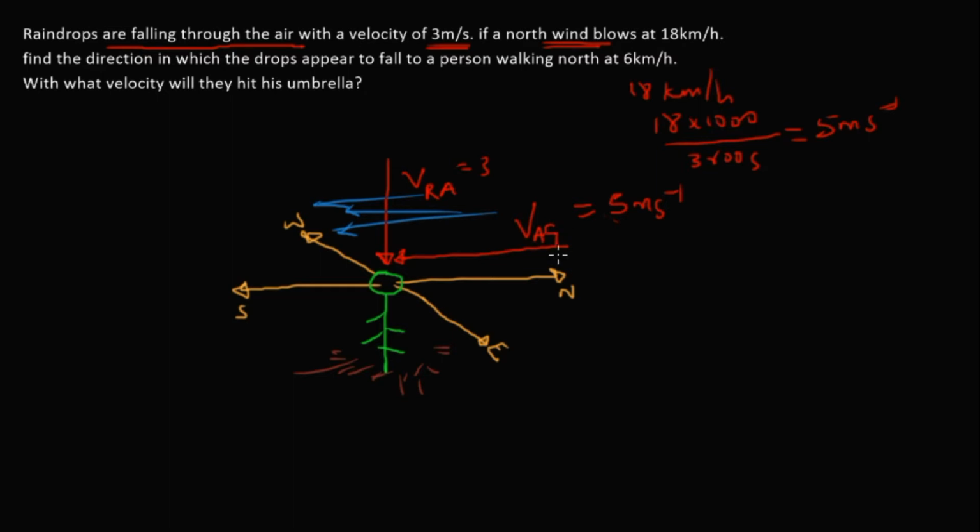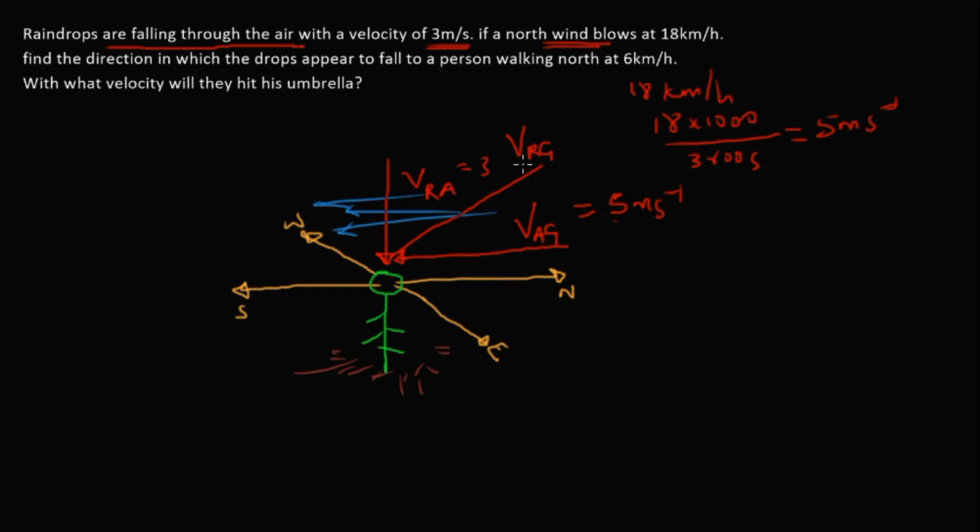to the ground. So in other words, the rain that will fall on the man has to be the rain that has a velocity relative to the ground, and we do not have that in this space. So we need to find the resultant of these velocities. The resultant of these velocities will give us the velocity of the rain relative to the ground.